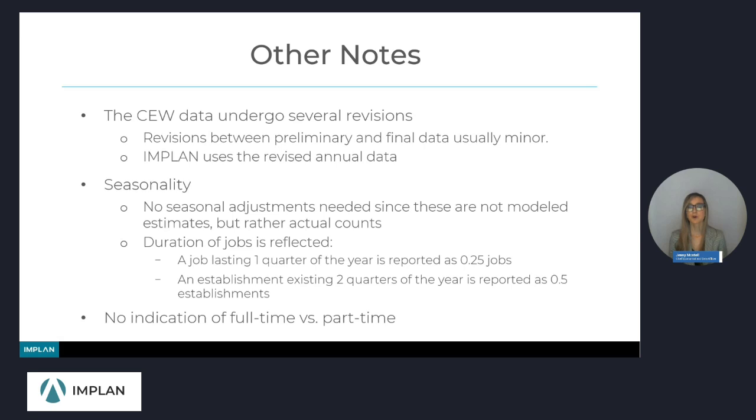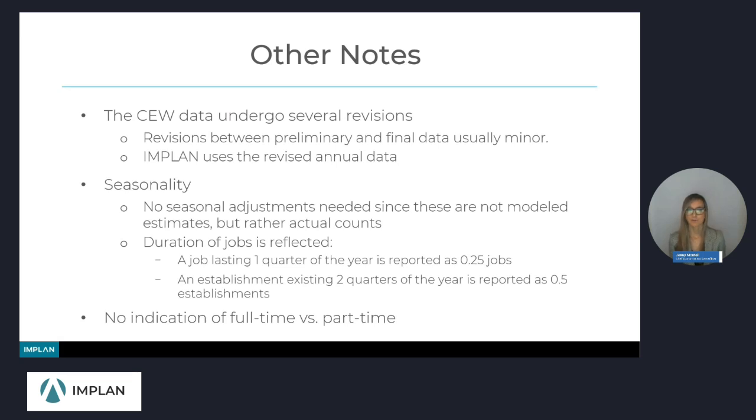Similarly, there's no process necessary for seasonal adjustment of these data because these aren't modeled estimates. They're actual counts, so they don't need to adjust for seasonality. But there is some indication of seasonality in the sense of the duration of jobs in these data, because a job lasting 1/4 of the year will be reported as a quarter of a job, or 0.25 job.